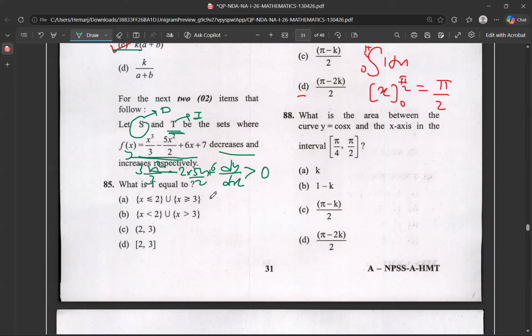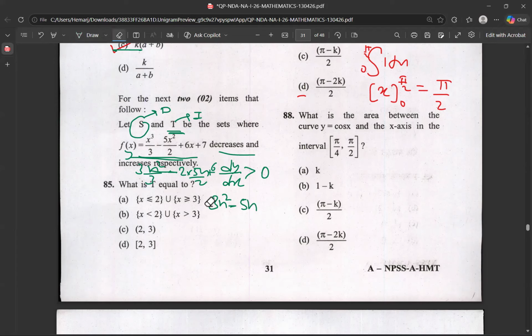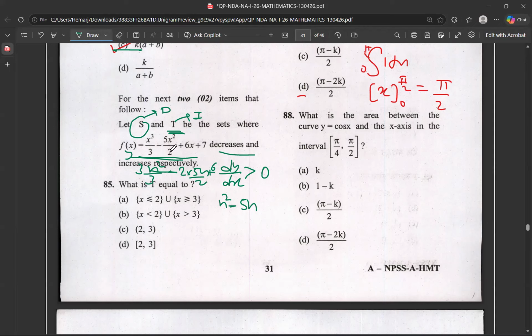Let me correct it. It is x square minus 5x plus 6 is greater than 0.